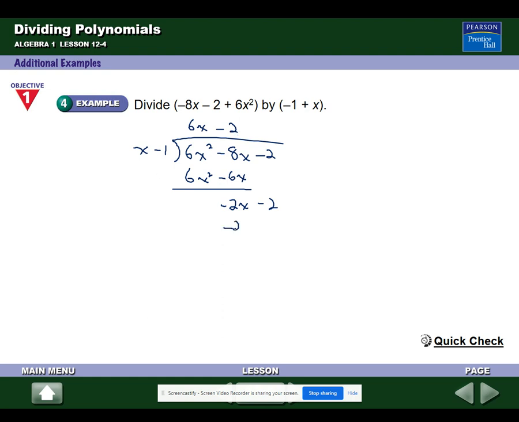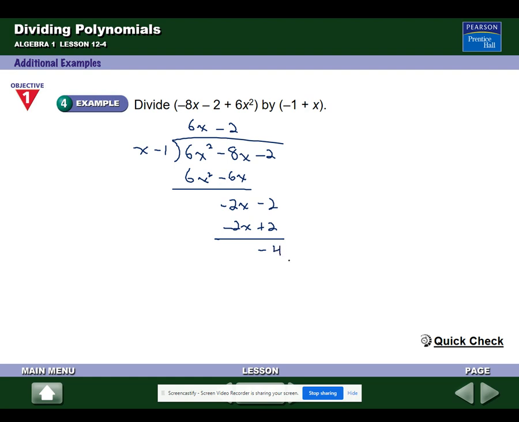Negative 2x plus 2, right? Okay, so be careful. I've got to go a little slow myself, just to make sure I don't make a mistake. Negative 2x minus negative 2x will give you 0 here, but negative 2 minus 2 is negative 4.